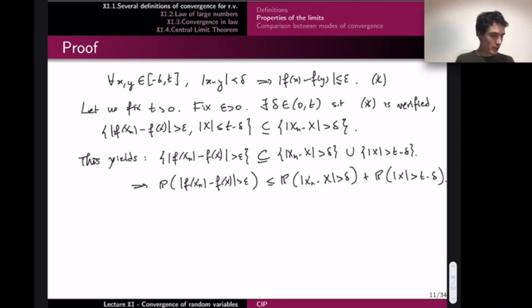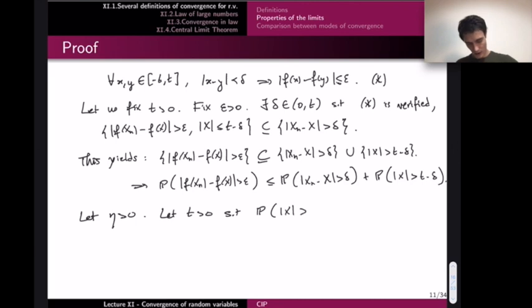So let me do this. Let's fix eta positive, and let t be positive such that the probability that |x| is greater than t over 2 is less than eta.